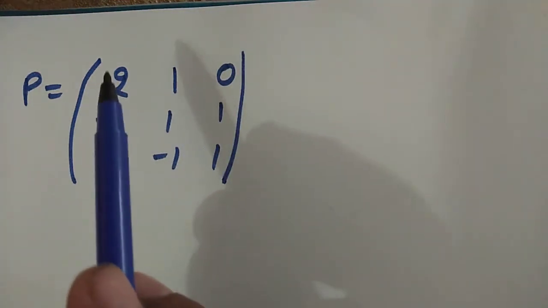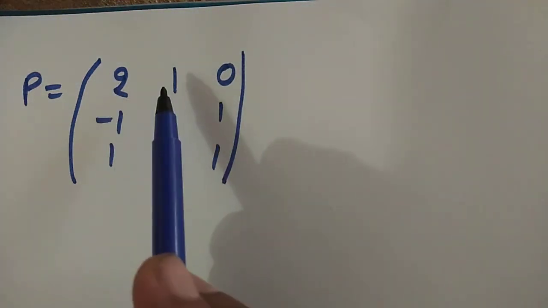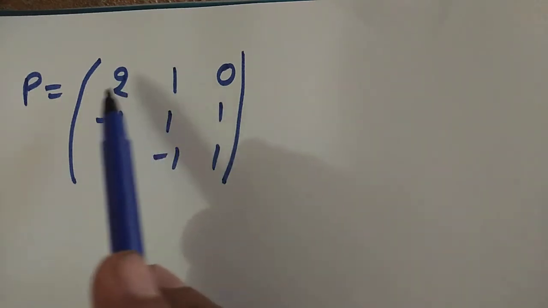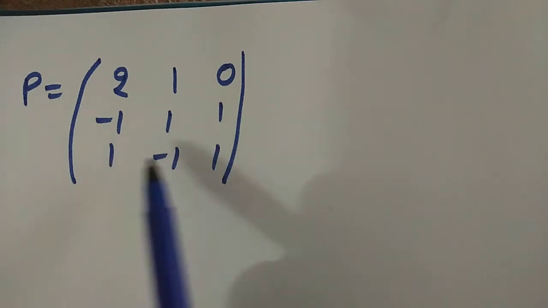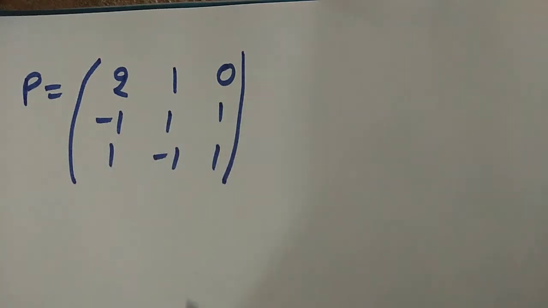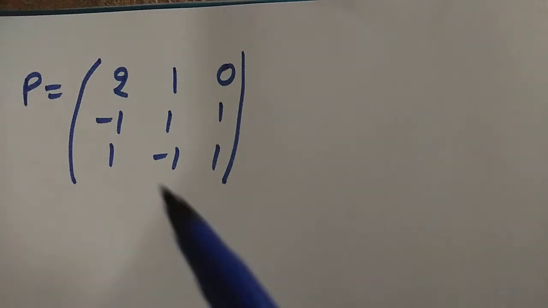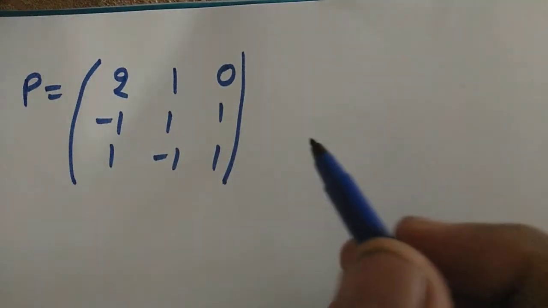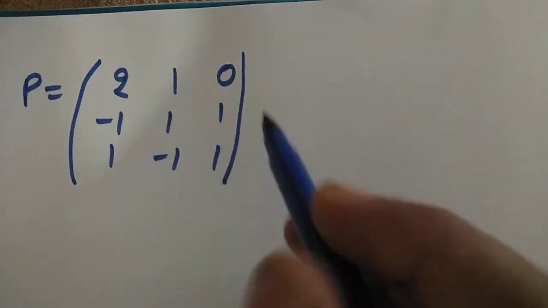If you see, these vectors are orthogonal, because their dot products are 0. But we need orthogonal unit vectors, so for that we normalize the vectors.